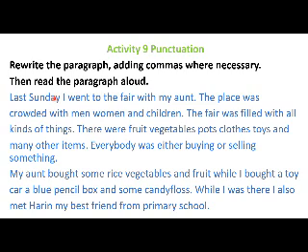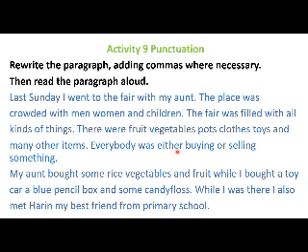Last Sunday, I went to the fair with my aunt. The place was crowded with men, women, and children. The fair was filled with all kinds of things. There were fruits, vegetables, pots, clothes, toys, and many other items.